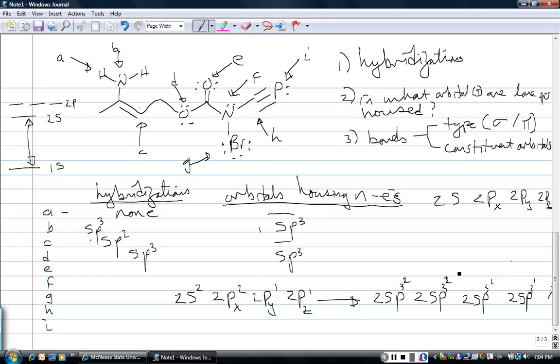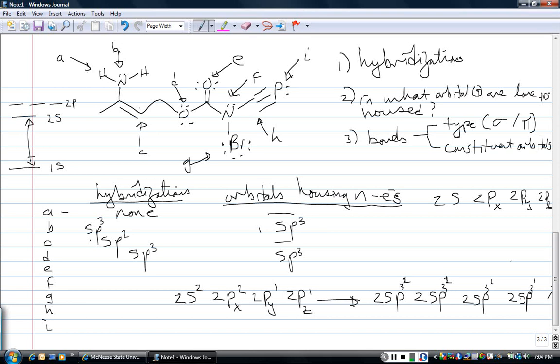So this sp3 hybrid is used to form a bond to that carbon, which is sp3. This sp3 hybrid is used to form a bond to that carbon, which is sp2. So the two remaining electron pairs are being housed in sp3 hybrids. This lone pair is being housed in an sp3 hybrid, and that lone pair is being housed in an sp3 hybrid.